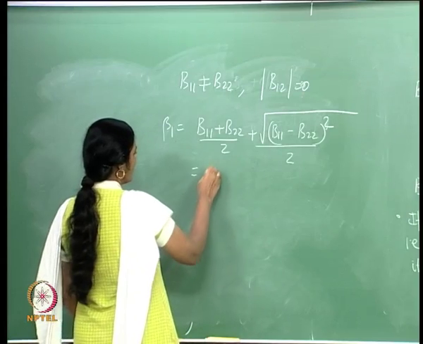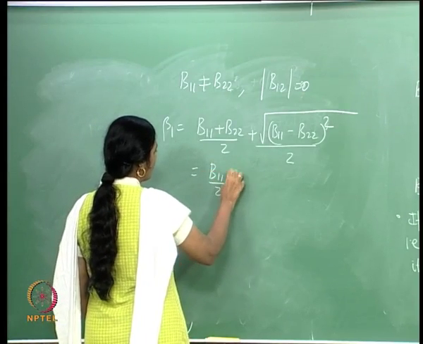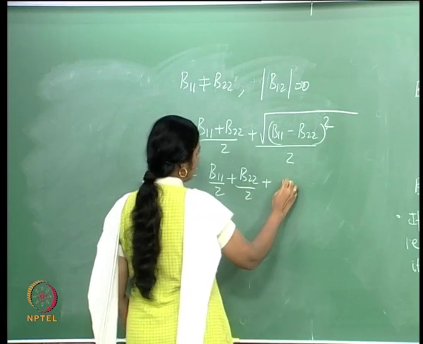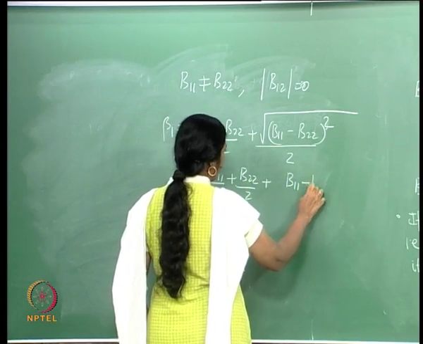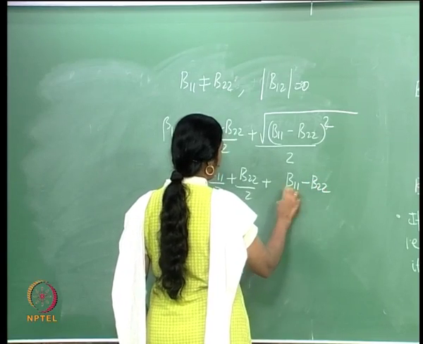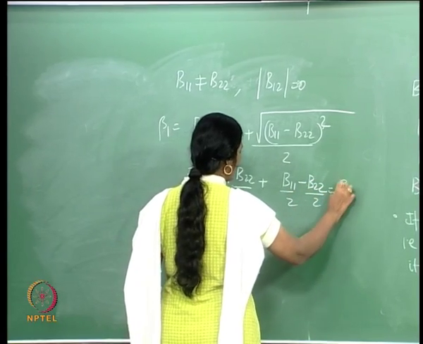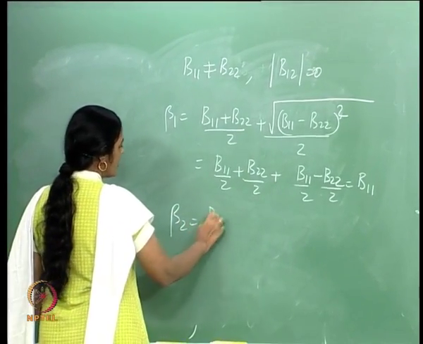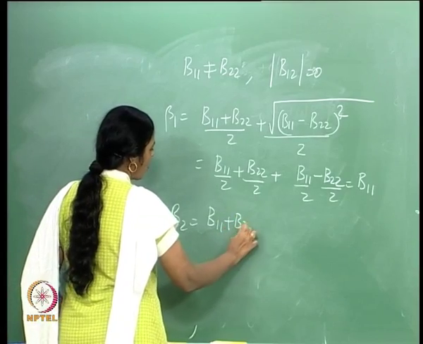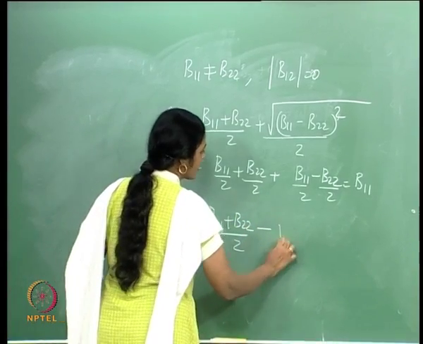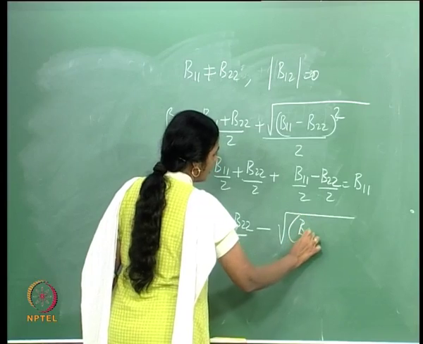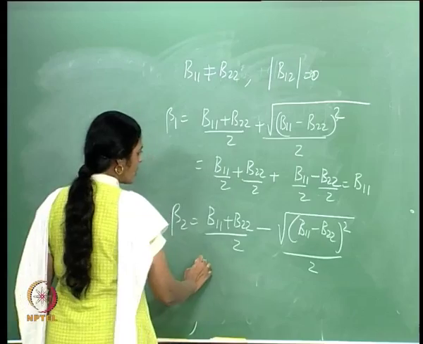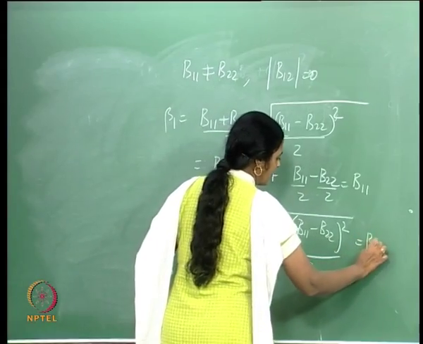So, this object is simply B11 by 2 plus B22 by 2 plus B11 by 2 minus B22 by 2, which is just B11. Similarly, beta 2 is the other object, B11 plus B22 by 2 minus square root of B11 minus B22 the whole squared, the whole by 2, which is the same as B22.